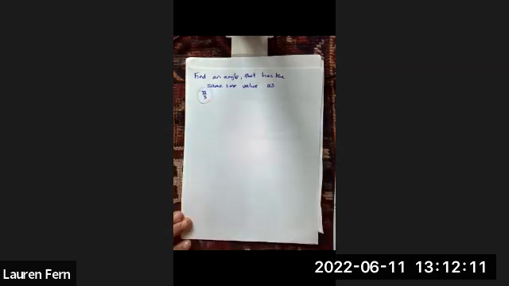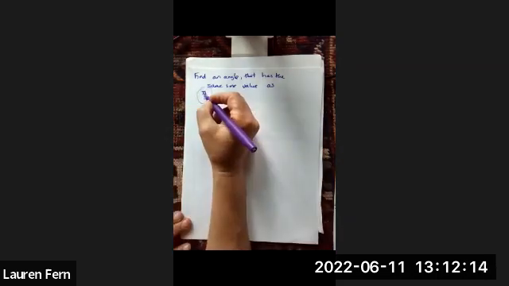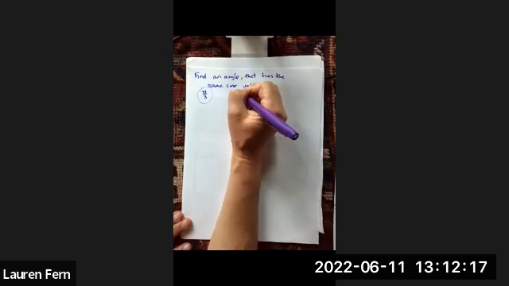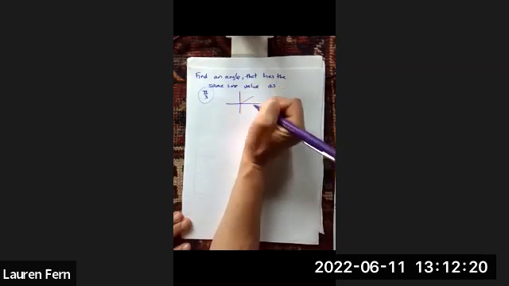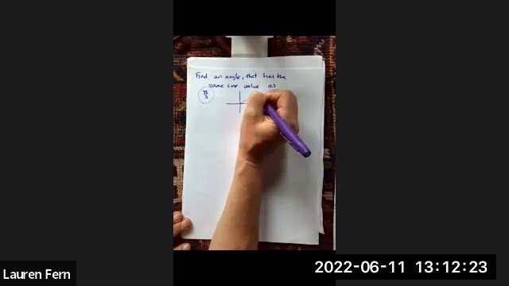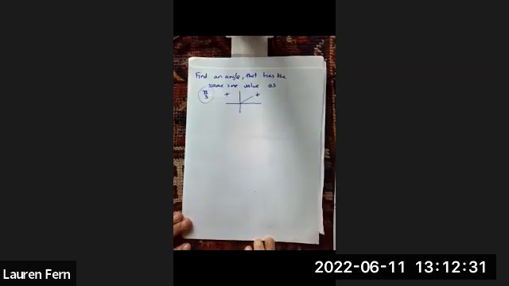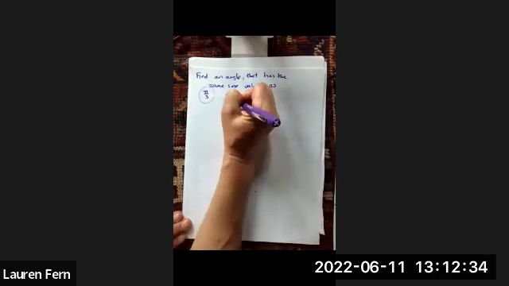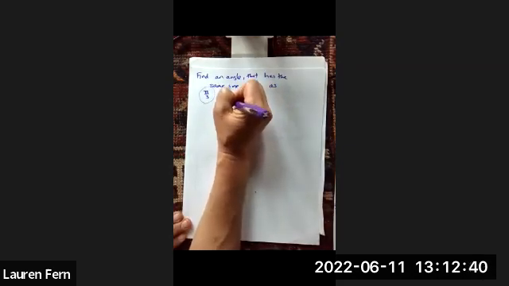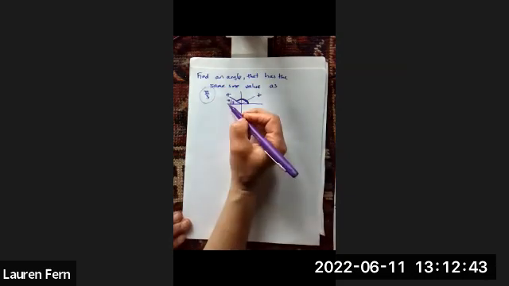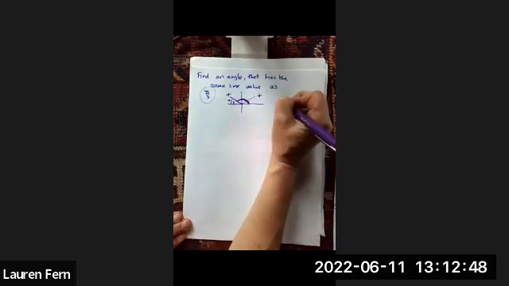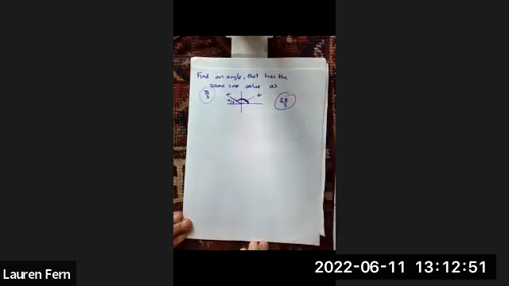Well, sine of π/3 we know is √3/2. Notice my sine is positive. What other quadrant is my sine positive? In the second quadrant. In other words, we want to find this angle that has a reference angle of π/3. Well, this whole thing is π. So 3π/3 minus 1π/3 is 2π/3.